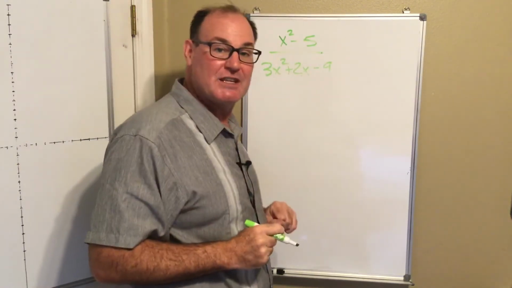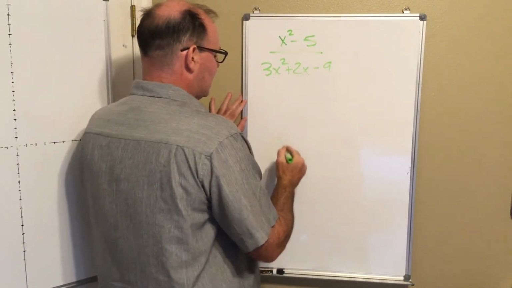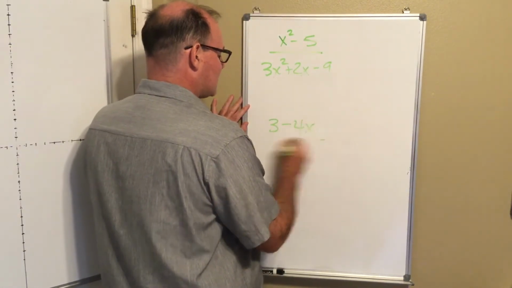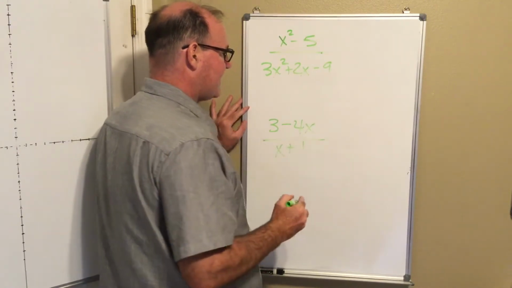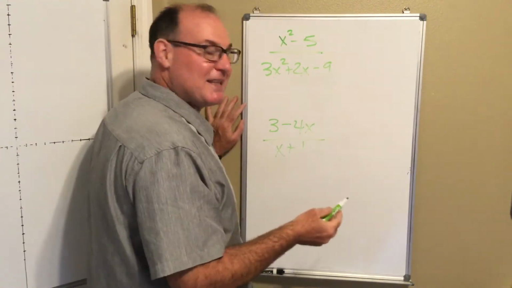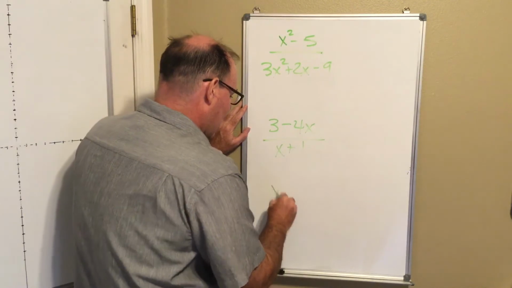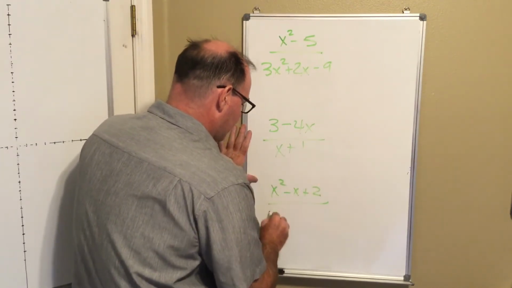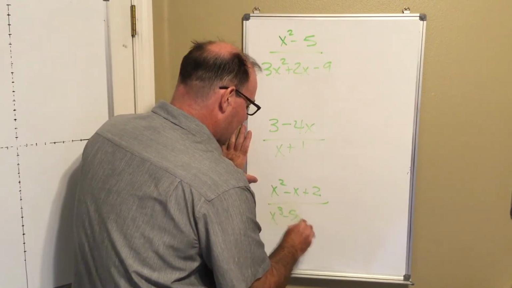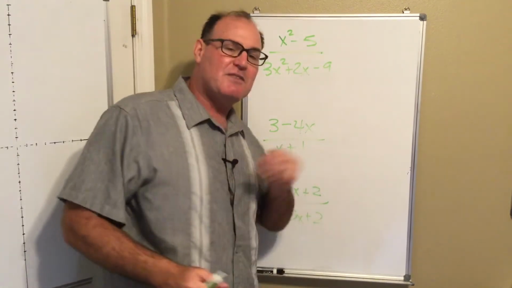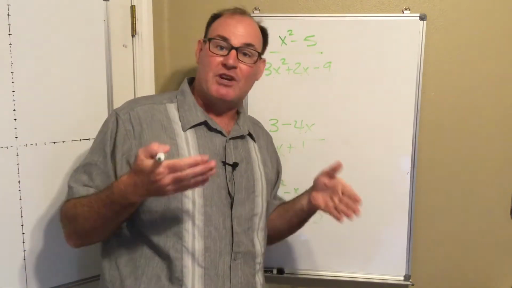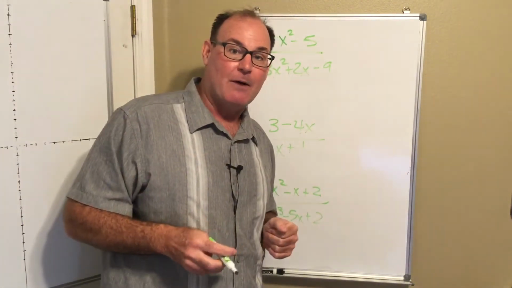The next one is 3 minus 4x over x plus 1. And then the third example is x squared minus x plus 2 over x cubed minus 5x plus 2. So pause the video, determine what the horizontal asymptote is for each of these, and then press play, and you'll see me work these out.